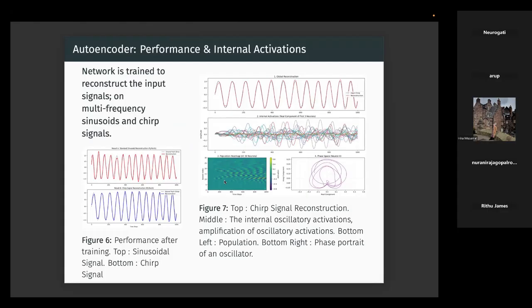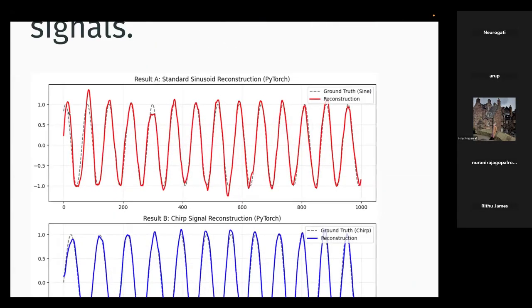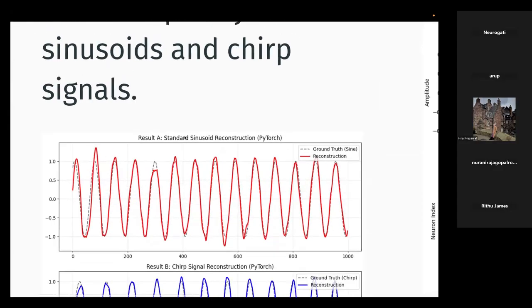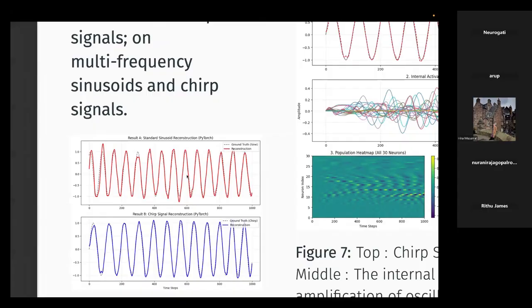So the first result is a very straightforward input-output phenomenon. Let me zoom in. If you look at the dotted line in the background, that is the input to the neural network. The output should also be the same, which is what we are trying to train the network for. The output is given by this red line. As you see, it is more or less matching.